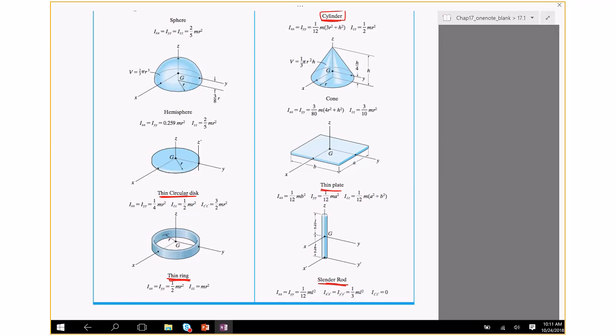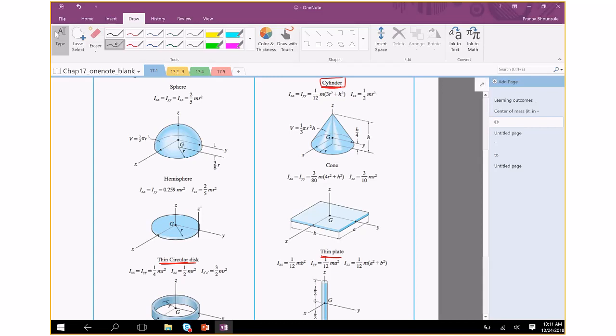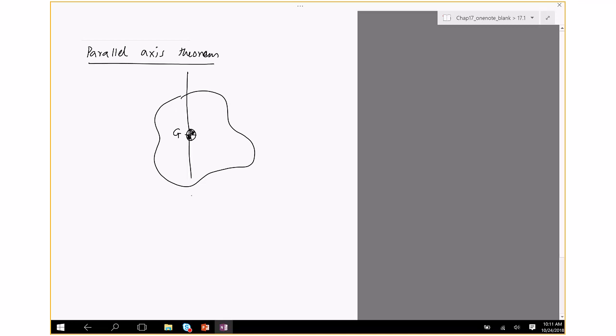There is a theorem called the parallel axis theorem, which we'll use quite a few times in this course. Okay, G is the center of mass, and let's say we know the inertia about the center of mass, so let's call that IG.